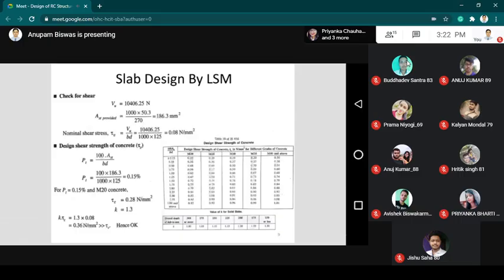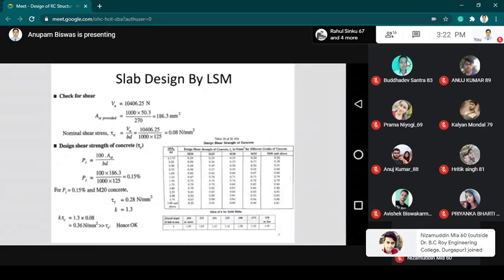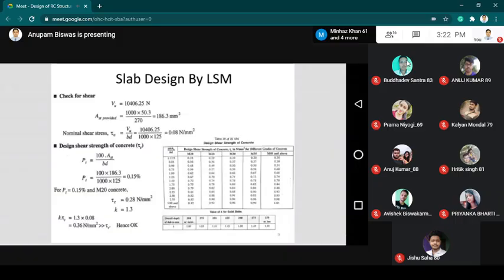For the design shear strength of concrete, refer to Table 19 of IS 456. From Table 19, you have to consider the value of pt, that is 100 Ast by bd, and for the corresponding value find out the value of tau c, the design shear strength of concrete. Here Ast considered is 186.3, b is 1000 and d is 125.